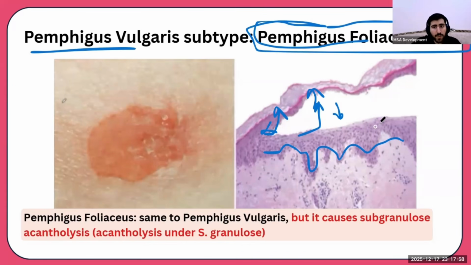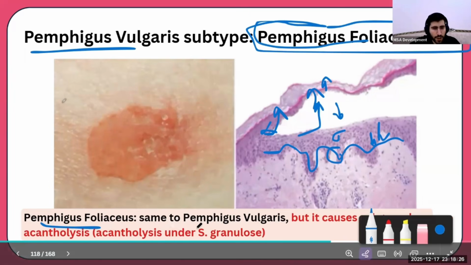However, we will have stratum spinosum and stratum basale all down, and stratum granulosum and stratum corneum all up, not mixed. We have autoimmune antibody against desmosomes that causes complete separation of stratum granulosum from stratum spinosum. So we will have two layers above, the stratum granulosum and stratum corneum, and two layers down, the stratum spinosum and stratum basale.